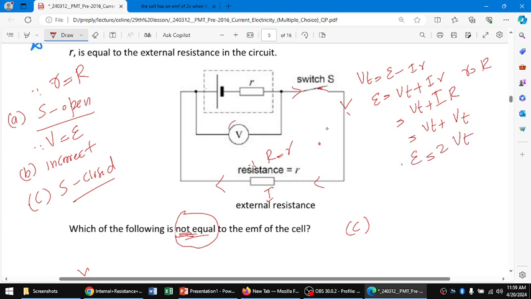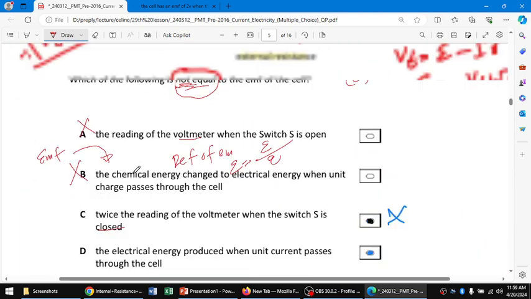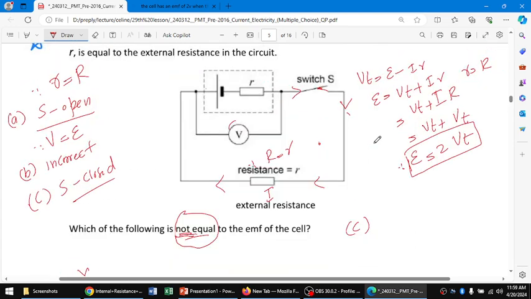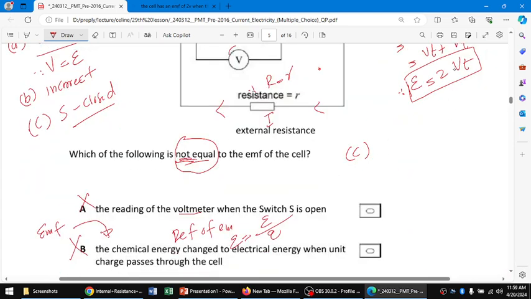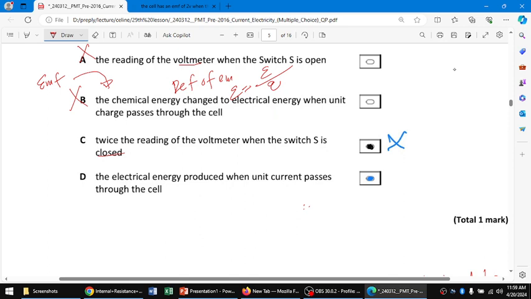So the EMF is equal to 2 times Vt. The EMF is twice the reading of the voltmeter when the switch is closed, so C is also equal to the EMF. So this option is wrong.